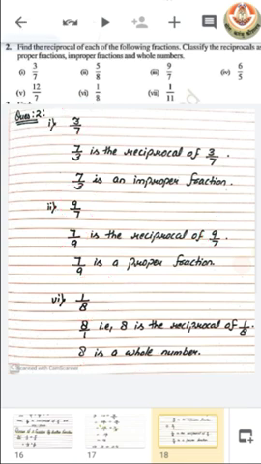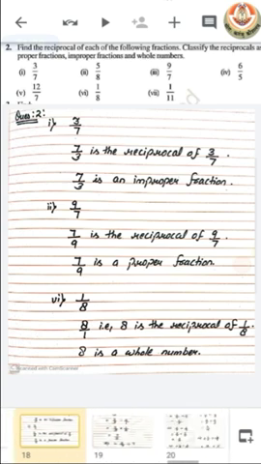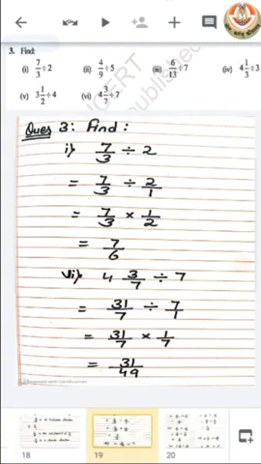In the same way, you have to write the reciprocal for the other given fractions and then classify whether their reciprocal is a proper fraction, an improper fraction or a whole number. Question number 3 is based on the division of a fraction by a whole number.